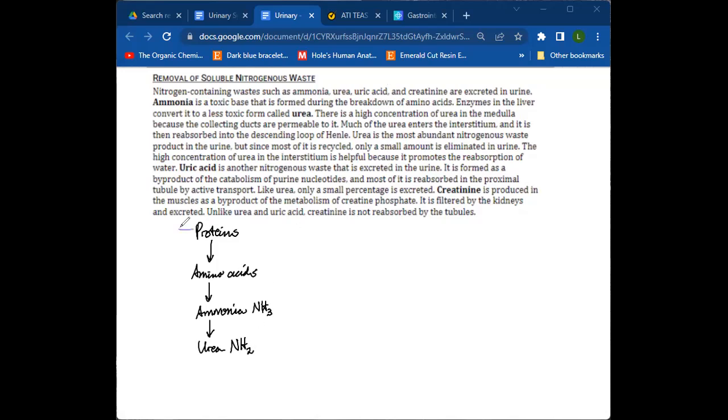So the proteins to amino acids, that's done by the digestive system. But then the amino acids to the urea, that's actually done by the liver. So the liver is going to help convert the amino acids into urea.